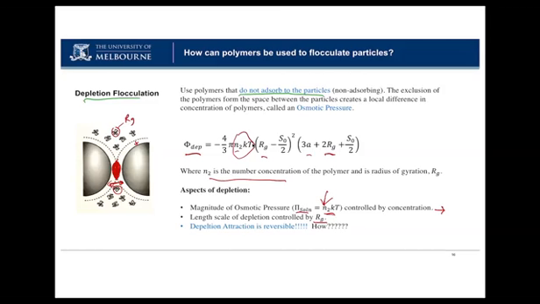A lot of times there's an additional double layer force, or a little bit of adsorbed material, so they sit in a secondary minimum where they're not completely stuck together, but they're flocculated. So depletion attractions can be reversible, and you do that by diluting them.